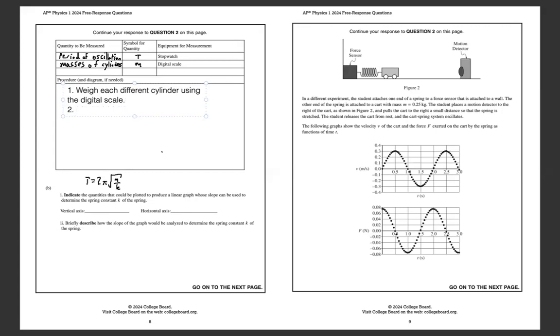What we can do for step 2 then is hang one cylinder from the end of the spring and release the spring from rest. Actually, let's make that step 3. Step 3, start the stopwatch as you release the spring from rest.